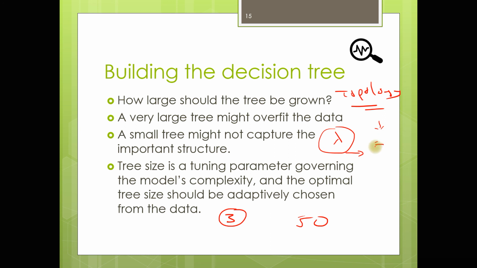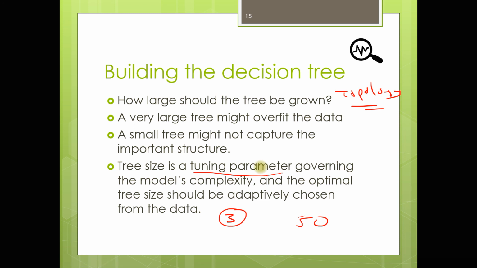The smaller the value of lambda, the more variables you will have. So if you look at it carefully, the lambda was governing how many variables you wanted in your model. But here you would have a tuning parameter that we are going to use as well to determine how far we want the tree to be grown.